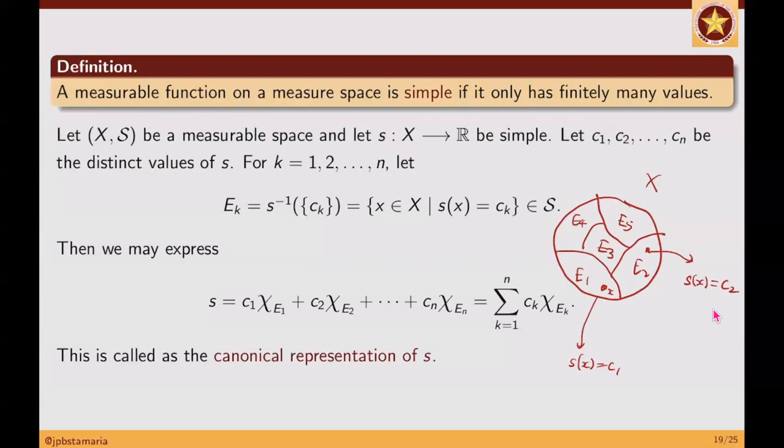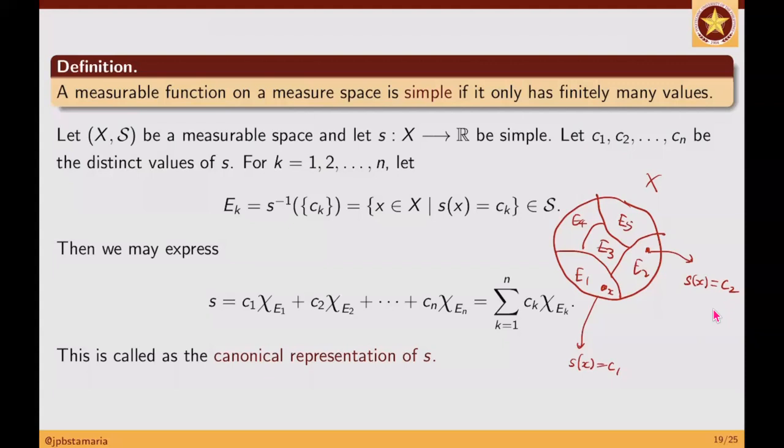Then, you may express S as a linear combination of characteristic functions. Now, it's actually C1 chi E1 plus C2 chi E2 plus and so on plus Cn chi En. Why is this representation correct?